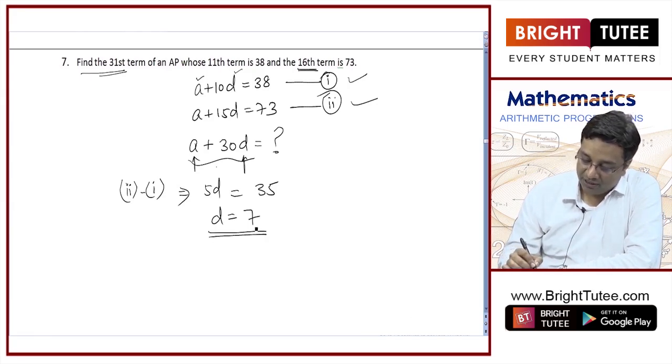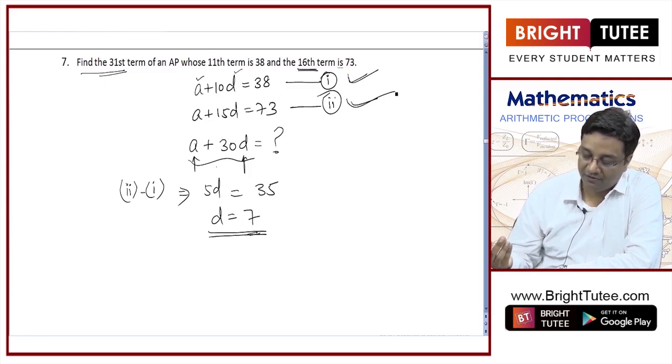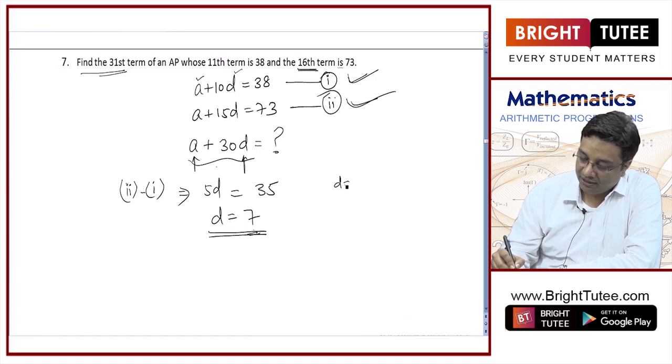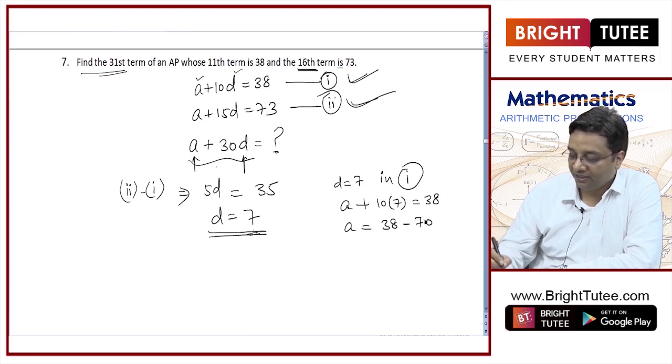Now what I can do is I can plug value of D in any of these two equations, whichever I find simpler, and get the value of A. So let's put value of D in first. D equal to 7 in first equation. A plus 10 into 7 equal to 38. So A will be equal to 38 minus 70, right, which is equal to minus 32.